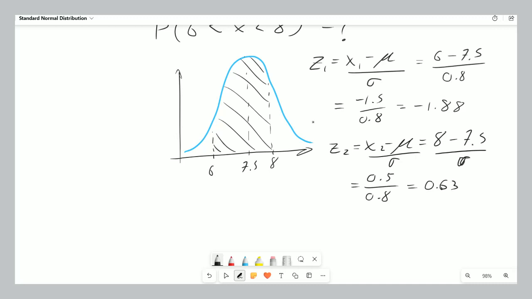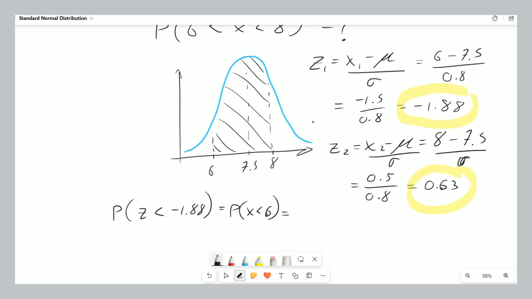So we have two Z values, right? We have negative 1.88 and positive 0.63. So if we look up negative 1.88 on the Z table, that's going to give us the probability of Z being less than negative 1.88, which is the same as the probability of X being less than 6.